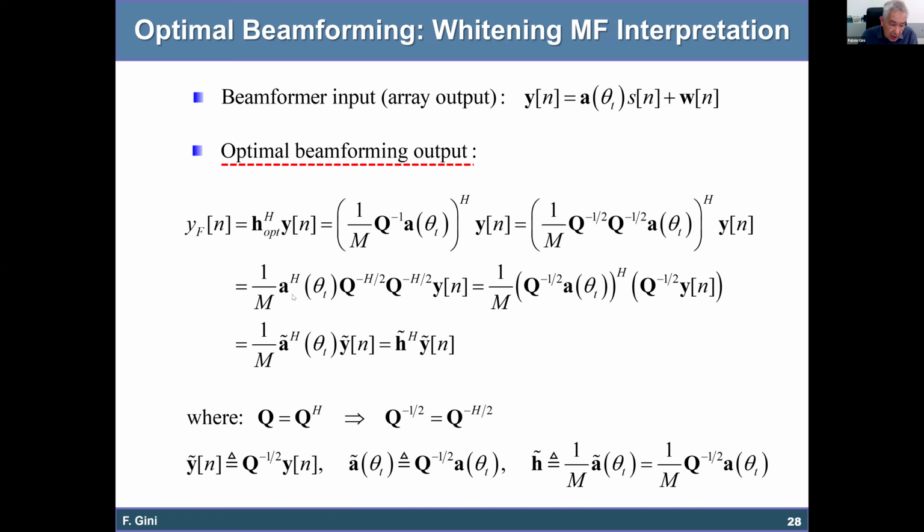Now you can put together the first two terms and write Q to the minus 1 over 2 A Hermitian, which multiplies the last two terms, Q to the minus 1 over 2 Y. Because any covariance matrix is Hermitian, Q is Hermitian, and the inverse of Q is Hermitian, so the Hermitian operation is ineffective on Q. Now, if you call this term A tilde, and this term Y tilde, you can express the output of the optimal beamformer in this way.